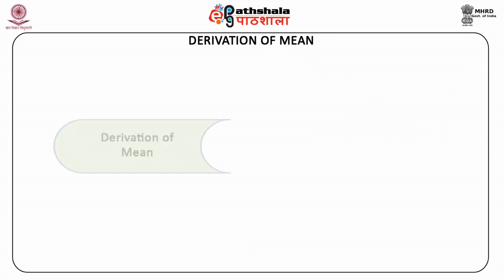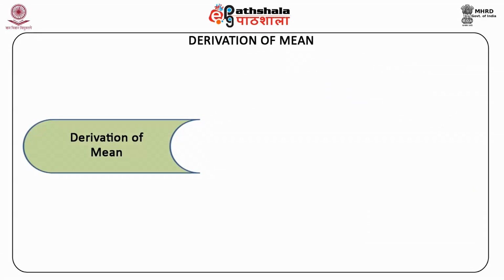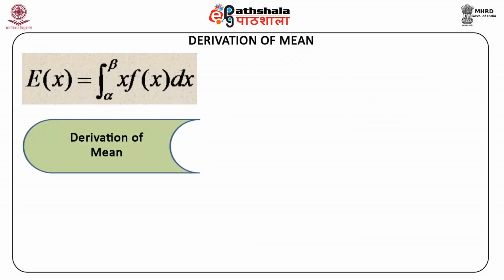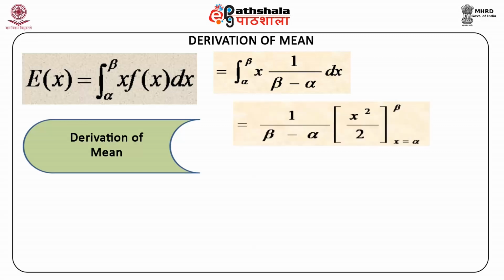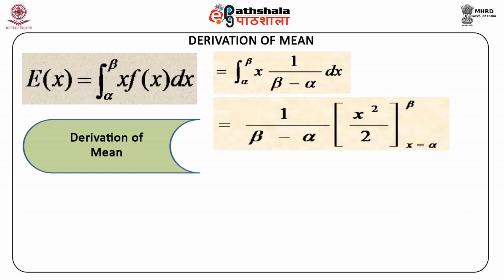The above mean is derived as follows. E(x) is equal to the integral from alpha to beta of x f(x) dx, which is equal to the integral from alpha to beta of x into 1 upon (beta minus alpha) dx, which is further equal to 1 upon (beta minus alpha) into [x square upon 2], x varying from alpha to beta.